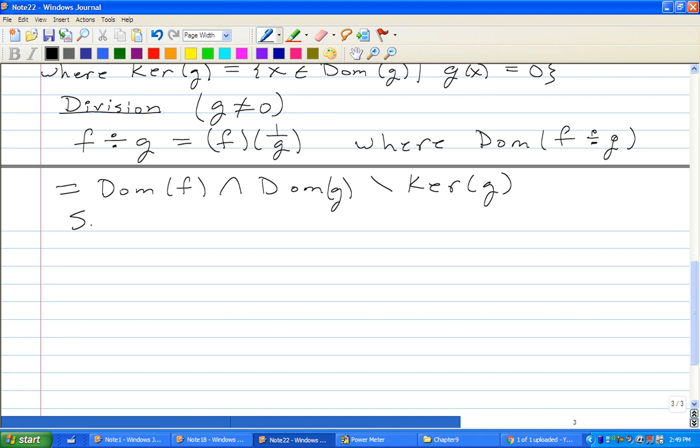Subtraction. So f minus g is defined as f plus the additive inverse of g.